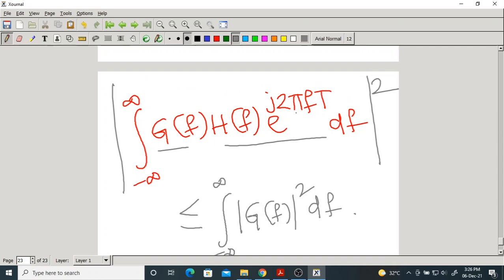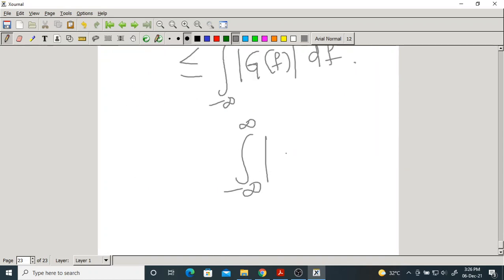If you take the mod, the exponential will vanish. You are left with only mod H of f whole square df.